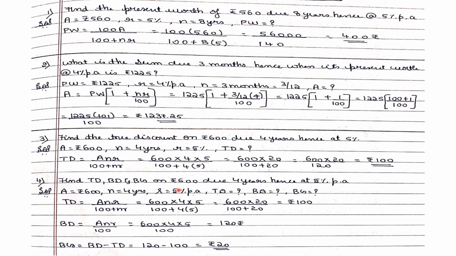On rupees 600, so 600 is the amount value. Due 4 years, so 4 years is n, the number of years, and at 5%, r will be 5%. No other information has been given, so you can easily calculate. Then go with the formula, and finally find the banker's gain, that is BD minus TD. You will get rupees 20.